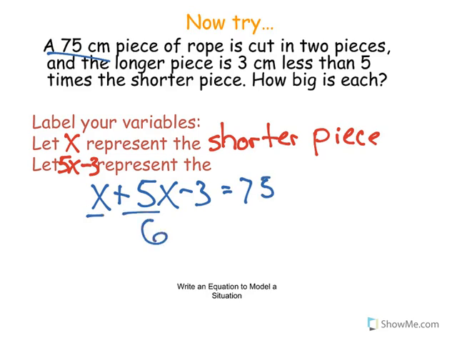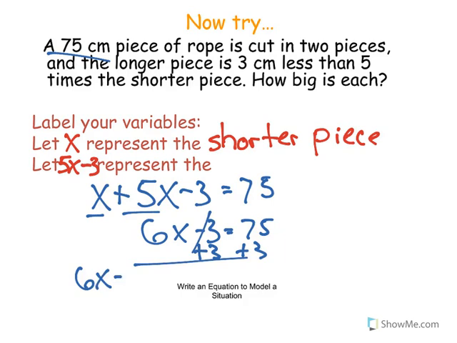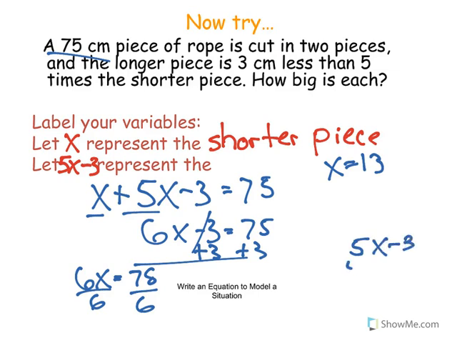Combine the like terms. Add 3, divide by 6. That should give us x is 13. So now we're going to go back and say, well, what's 5x minus 3?